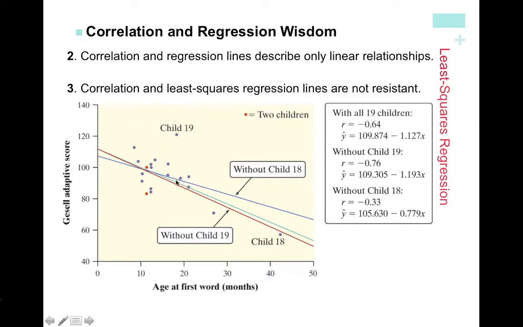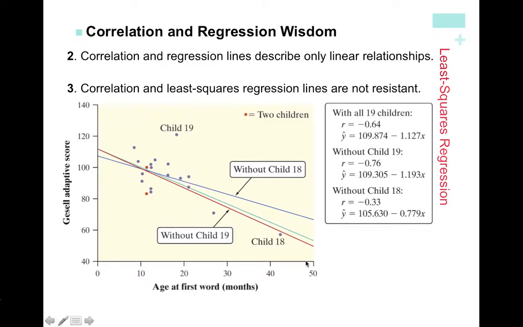But when we take away child 18, this outlier, the line changes quite a bit. An outlier that is not very different horizontally, but is more different in a vertical nature, isn't going to affect our regression model as much as removing an outlier that is dramatically different in the explanatory variable.